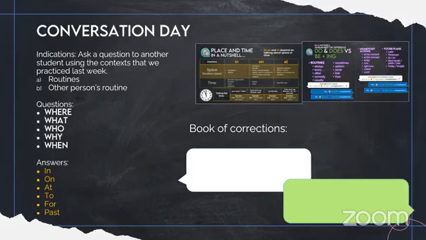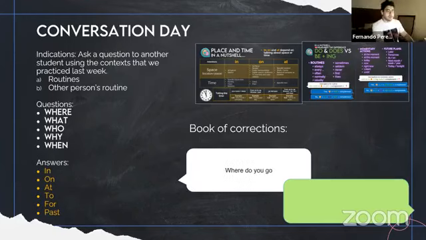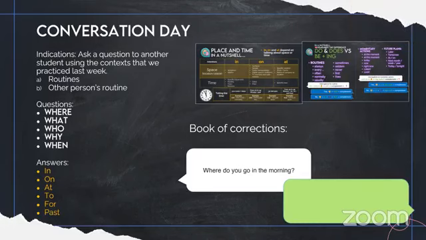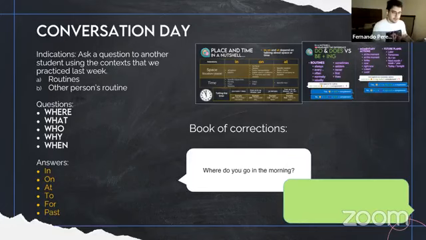Where do you go in the morning? Where do you go in the morning? Interesting. When? Be more specific. In the morning at 8 o'clock. Oh, okay, at 8 o'clock.